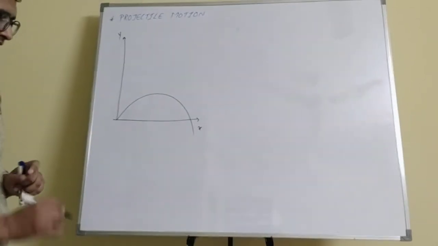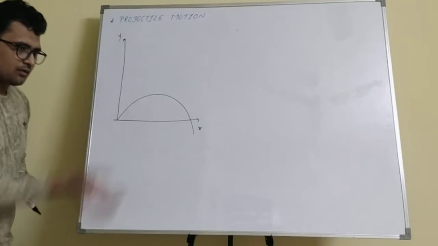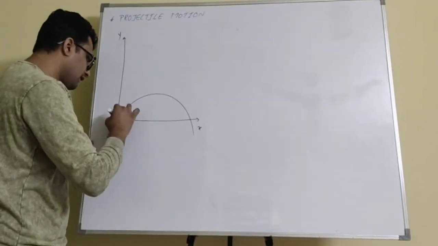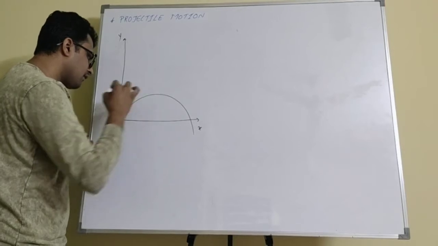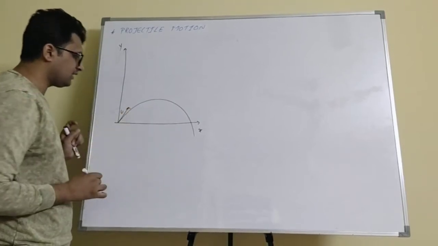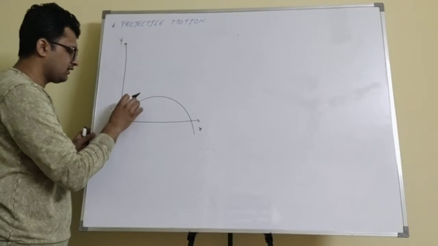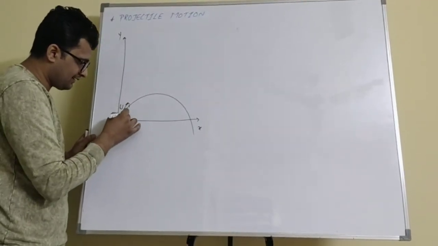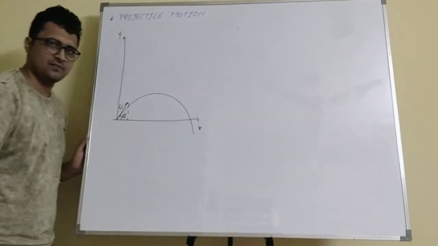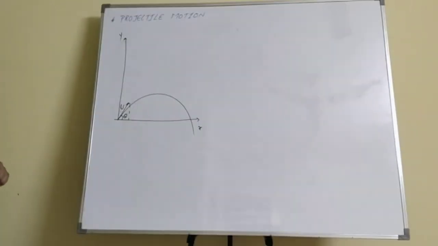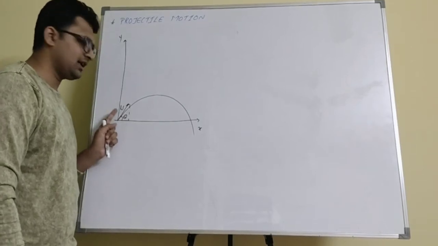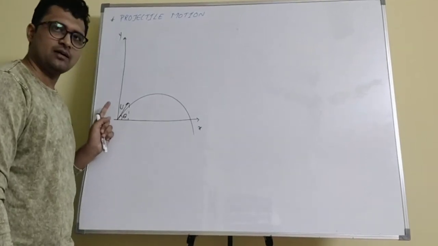Now if I am throwing a projectile, then this is the initial velocity provided by me to the projectile. It makes an angle theta with the x-axis. What is u? u is the initial velocity provided by me to the projectile.